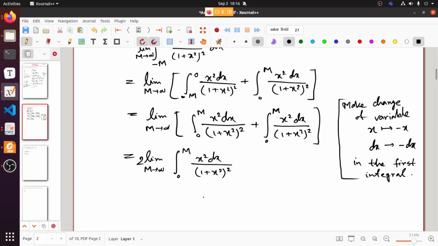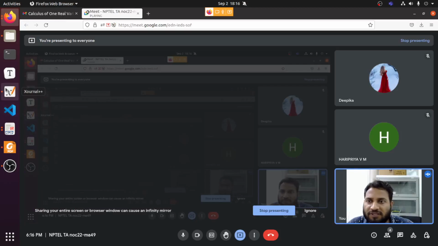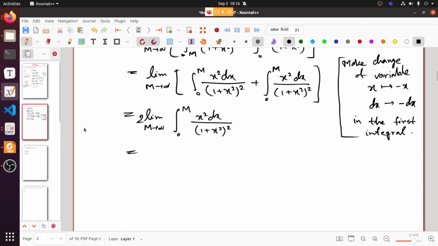Now how to do this? Now here, limit m tends to infinity, you can add and subtract 1 plus x square, minus 1 plus x square, right?